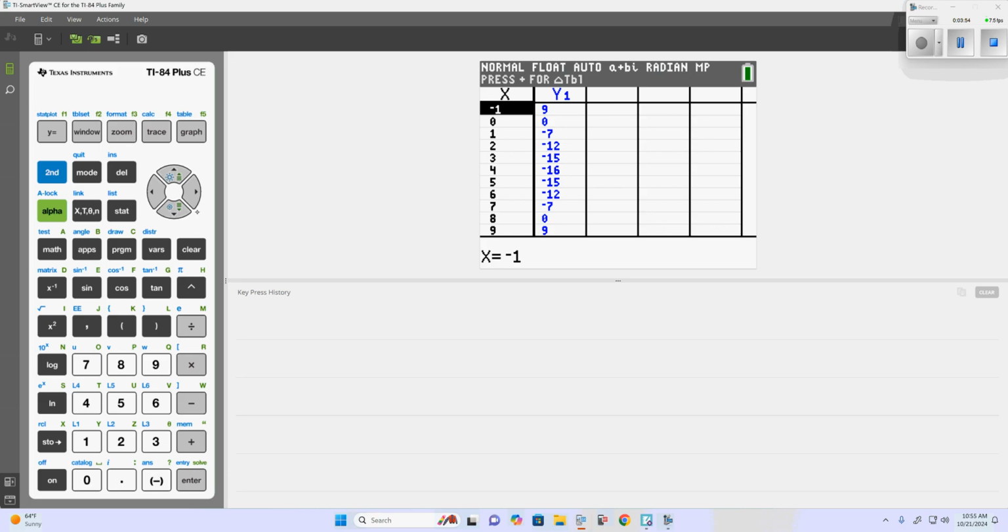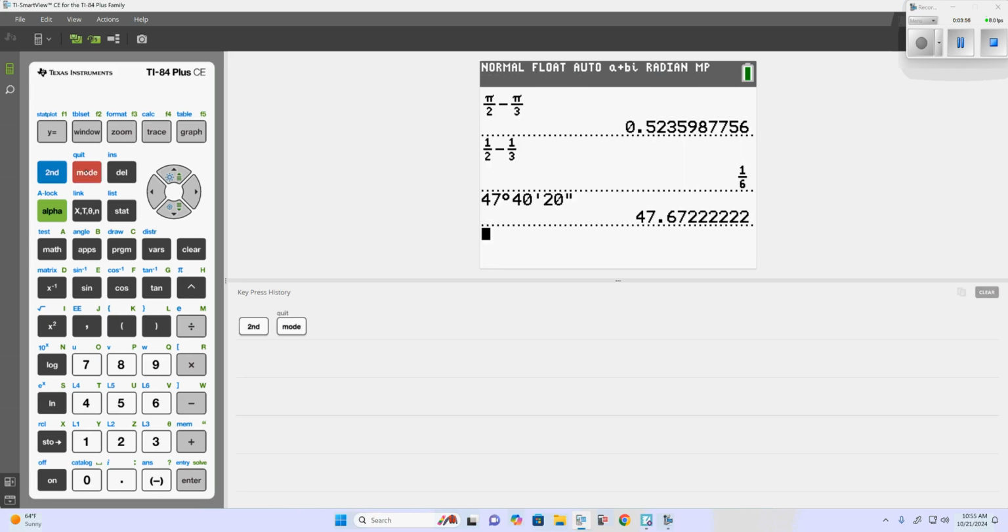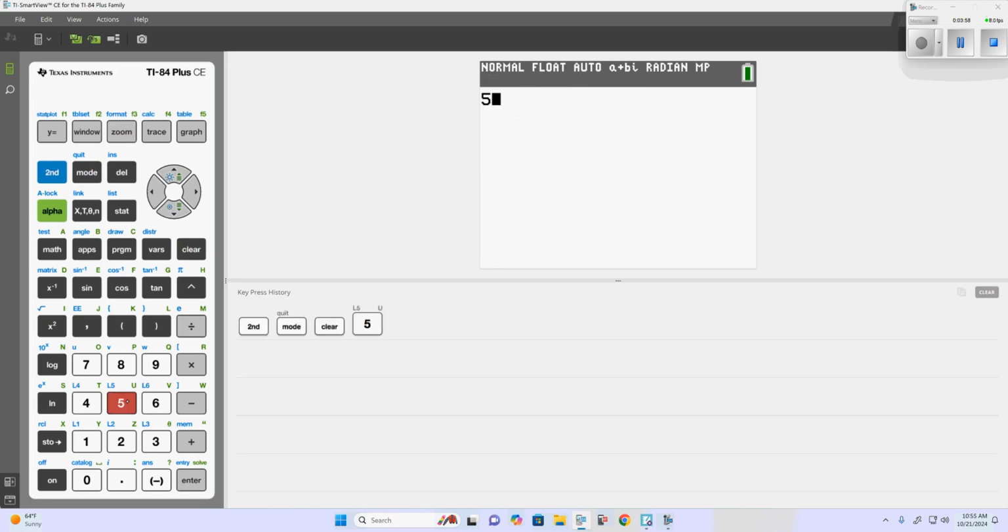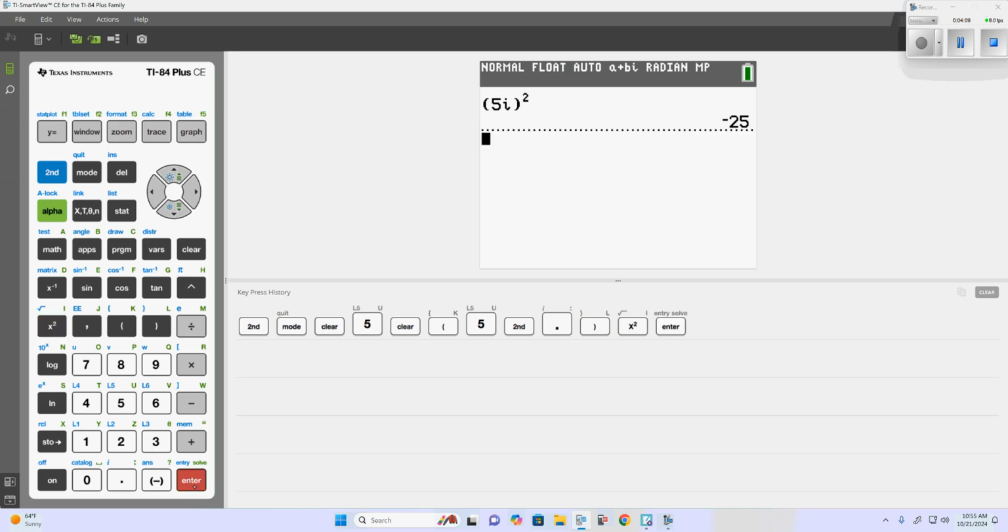Now, luckily for us here, the graphing calculator does work with I. So parentheses, 5, second decimal. And we can say 5i squared. And if we multiply 5i by 5i, we do indeed get negative 25.